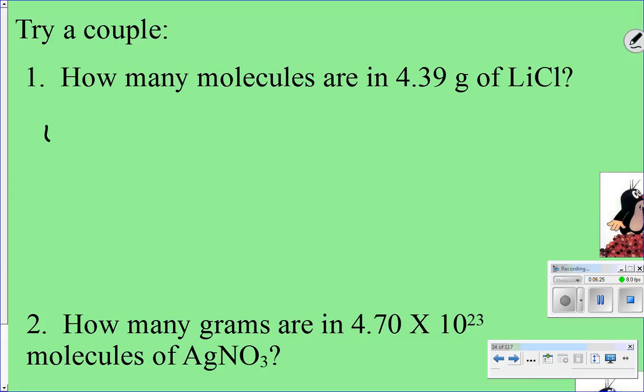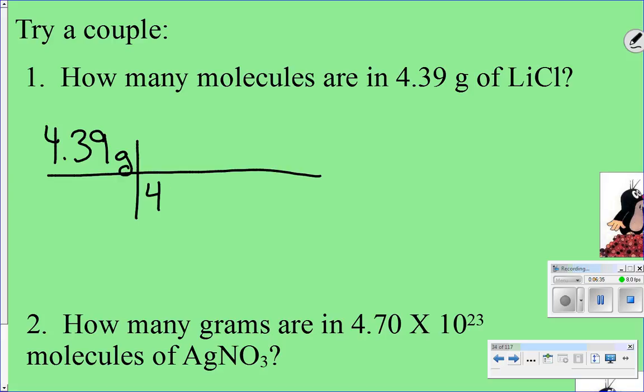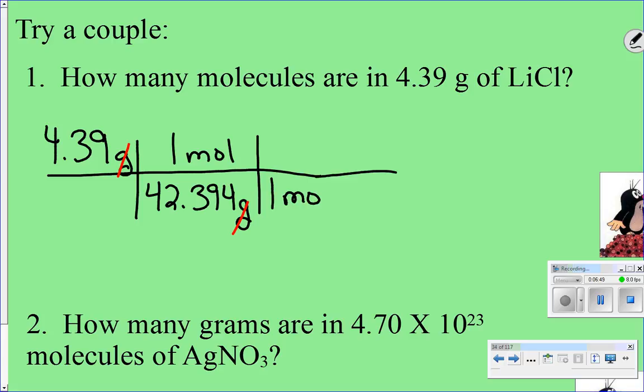So for number 1, you're starting with 4.39 grams. Your gram formula mass for lithium chloride is going to allow you to cancel those grams. That gram formula mass is 42.394 grams, 1 mole on top. My grams are gone. And then I want to get a mole on the bottom, so I'm able to cancel my moles.